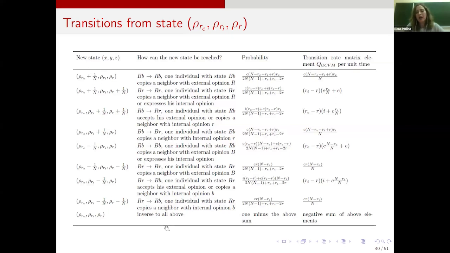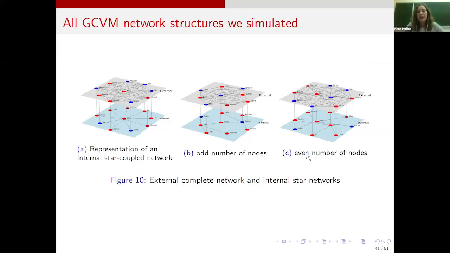We express here how we can reach the state. So we define the stochastic process. There are given probabilities, and we form the transition rate matrix for this network structure and under given assumptions. We simulate the results, the numerical experiments on different network structures. So the first part is the external complete network, but with different internal structures.